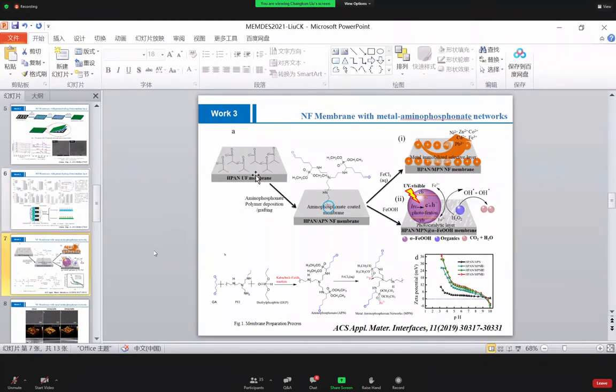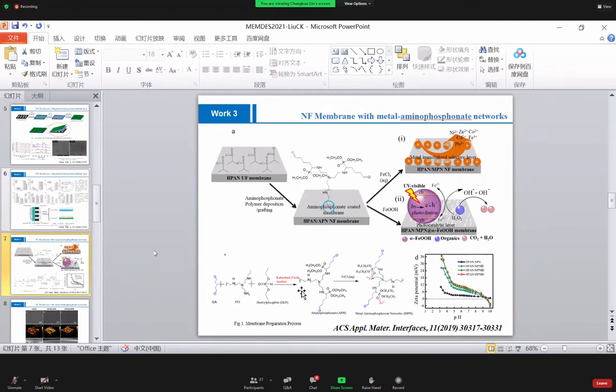So in the third work, we have prepared novel nanofiltration membranes with metal aminophosphonate networks. We use hydrolyzed polyacrylonitrile membranes, the HPAN membranes, as the substrates, and functionalize them with aminophosphonate.